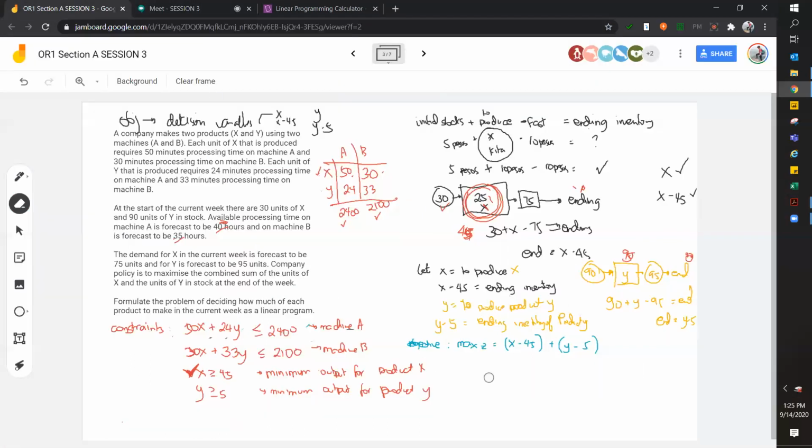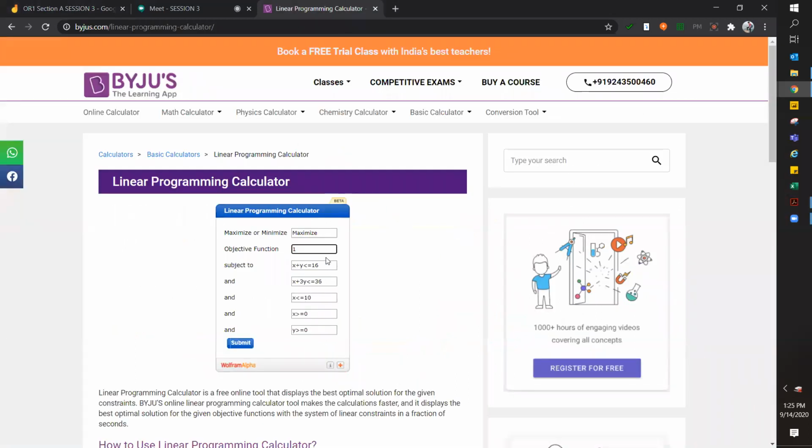Ang objective function ko, guys, pwede bang i-simplify natin itong objective function? Sa palagay nyo. Pwede ba siyang x plus y minus 50? Agree? Pwede po ba yan? Okay. Yes. So I have here x plus y minus 50.